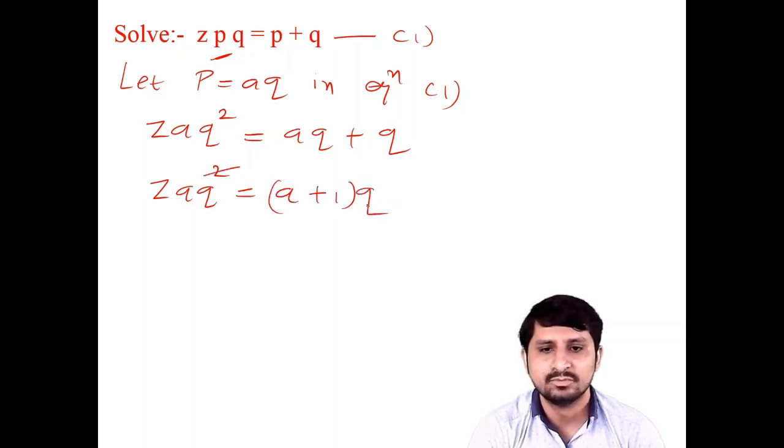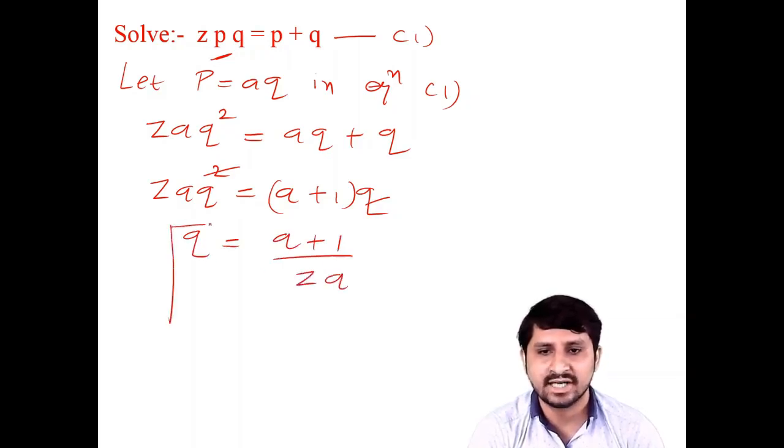Okay, so one q from the left hand and right hand side we can cancel out. So z a q is equal to a plus 1, that is, q is equal to a plus 1 upon z into a. So the value of q is a plus 1 upon z into a, and now we know that p is nothing but a into q.